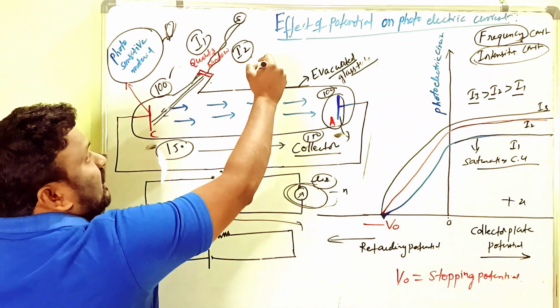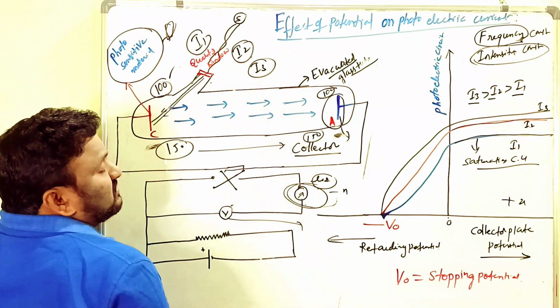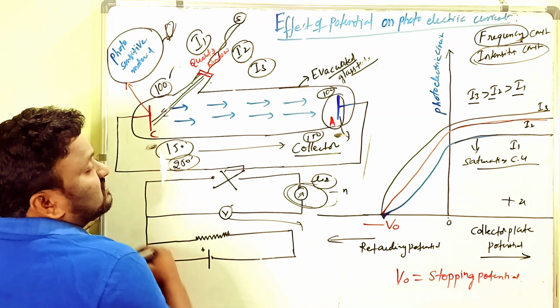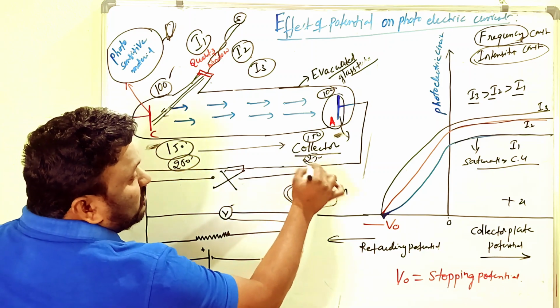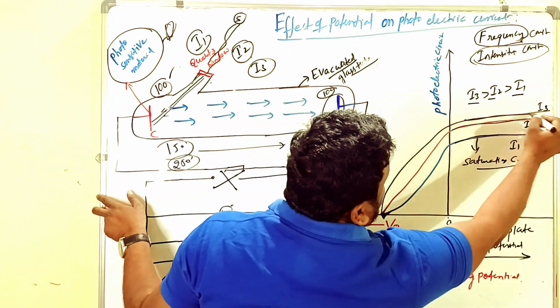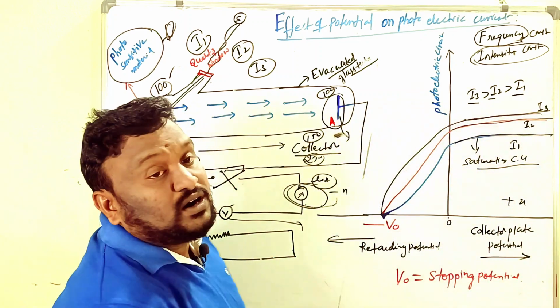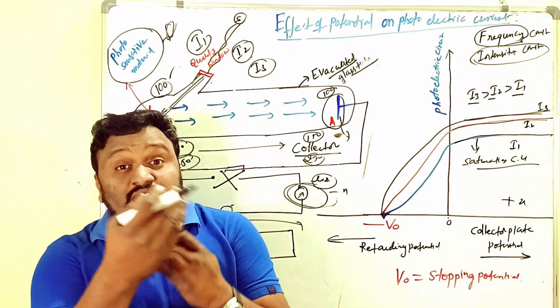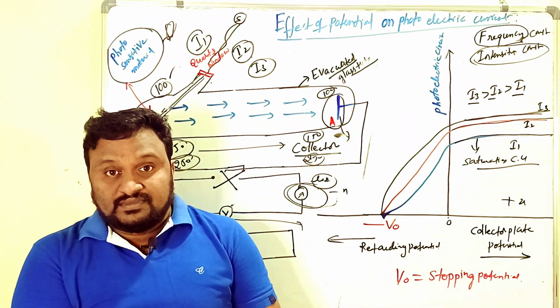After that, again we are changing the intensity of light, like I3. Then 250 electrons are released and 250 are also collected. Then we read the saturation current. So that means, when the intensity increases, the photocurrent also increases. Clear?